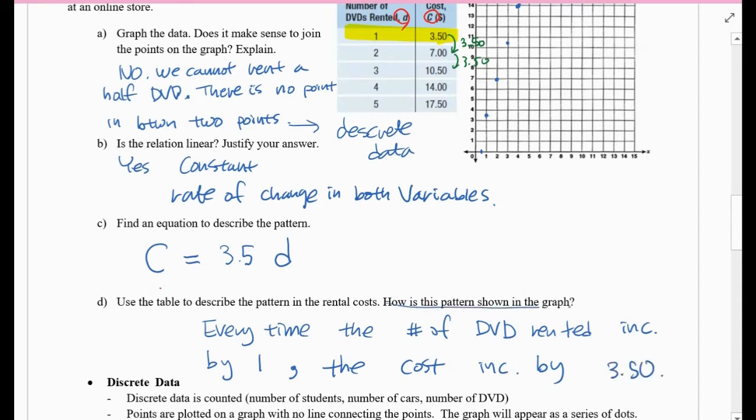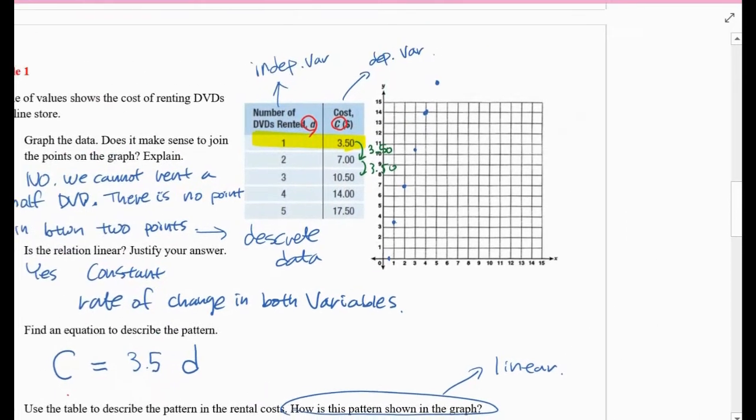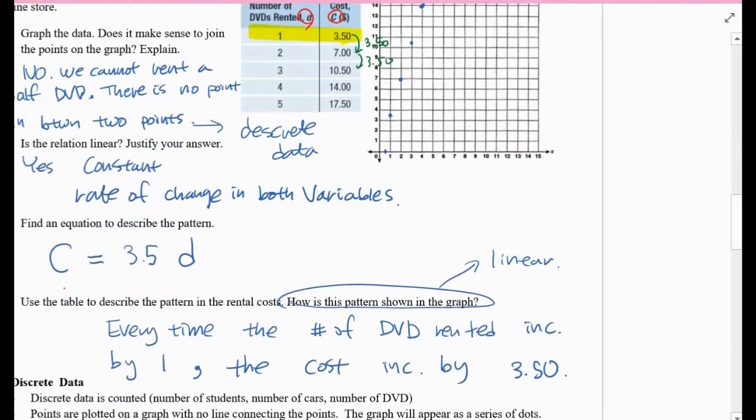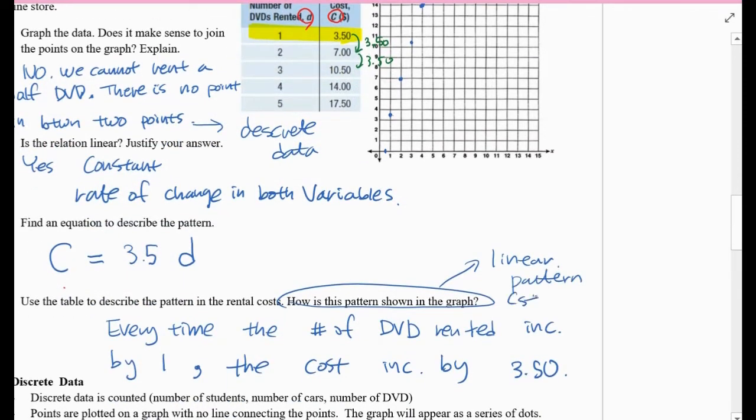And how is this pattern shown in the graph? Linear. Okay, so it shows a linear pattern. So linear pattern, straight line.